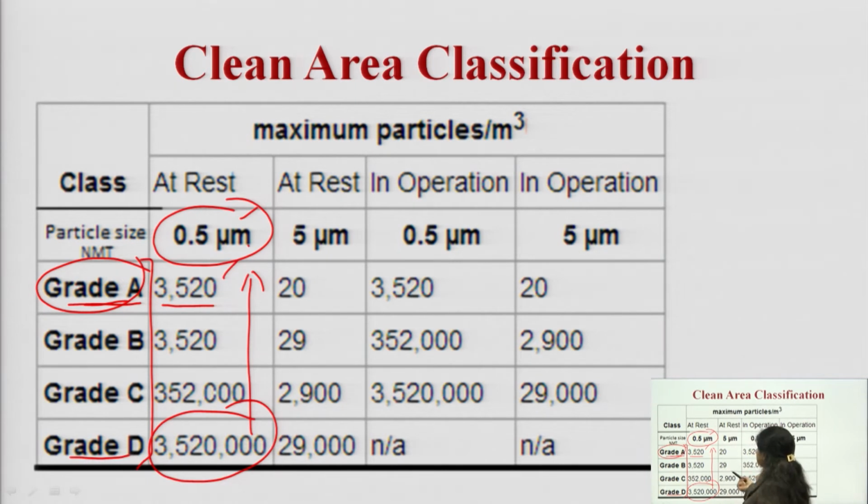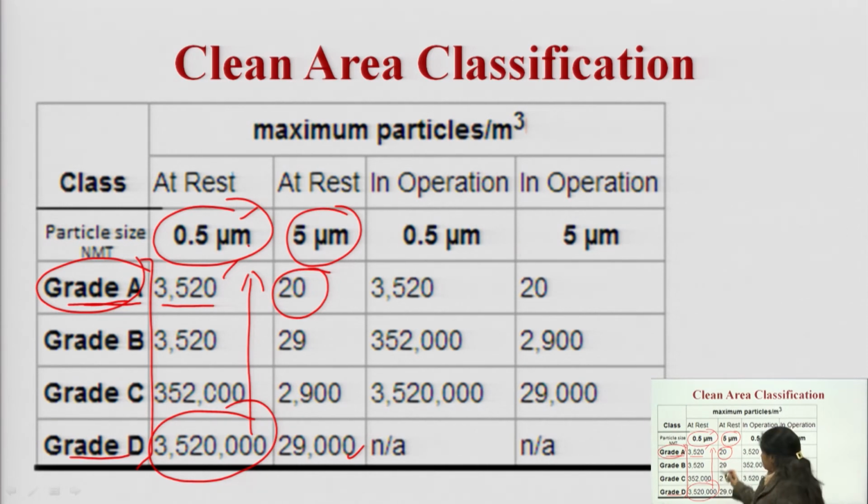For 5 micrometer size dust particles, not more than 20 particles are allowed within grade A, whereas in grade D there may be 29,000 particles of 5 micrometer size.